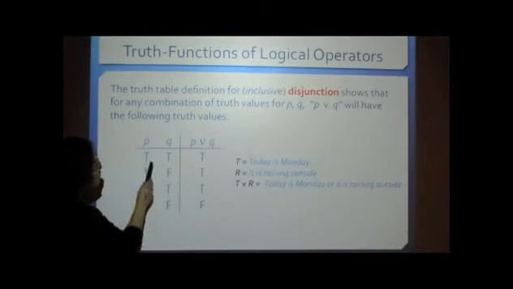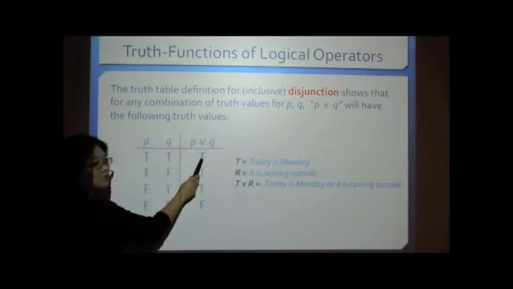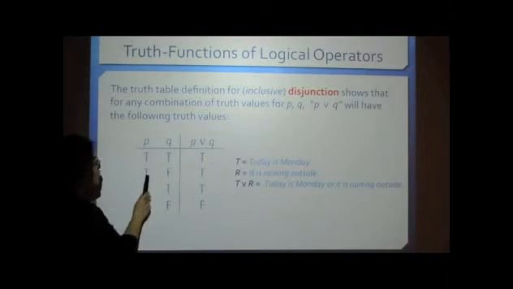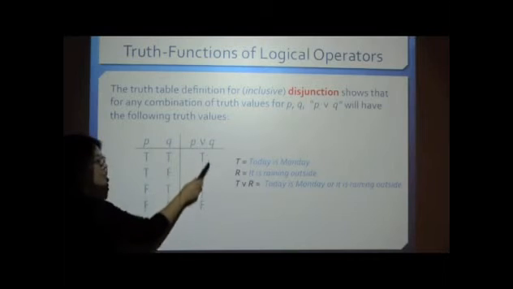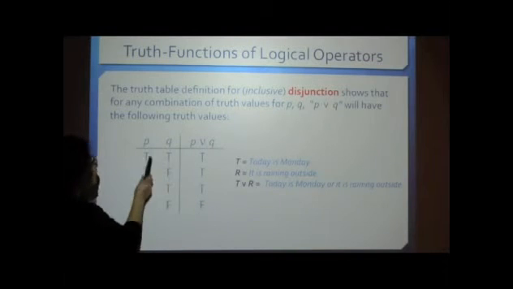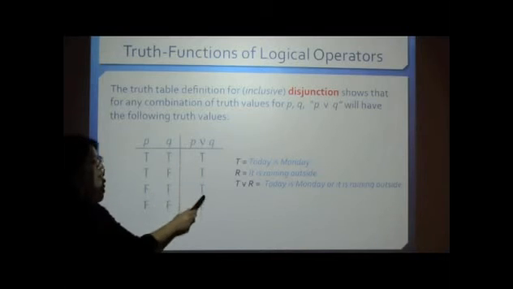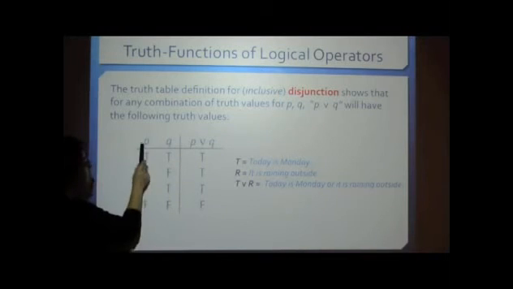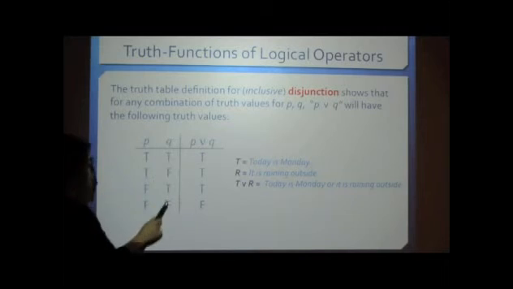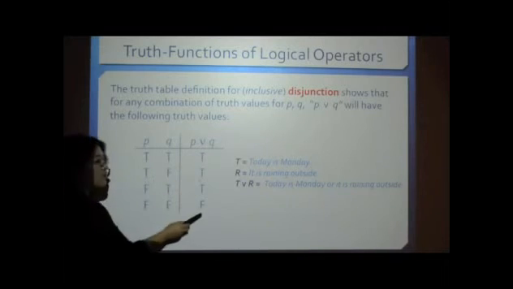So whenever P and Q are both true, the disjunction will be true. Whenever P is true and Q is false, the disjunction will also be true. Whenever P is false and Q is true, the disjunction will also be true. And whenever P is false and Q is false, the disjunction will be false.